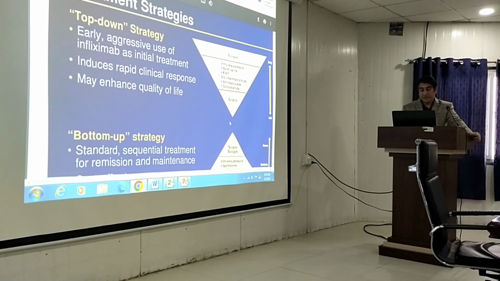So far, the drug is being used. Its use is basically very aggressive sometimes, because its IV dosage is given in weeks, and the patient responds very well and has fewer side effects compared to other oral drugs.